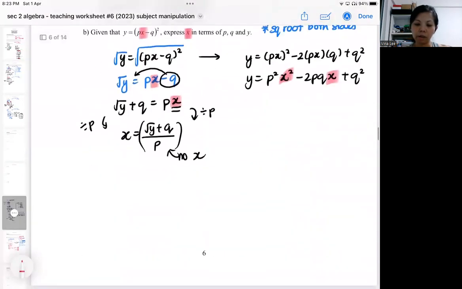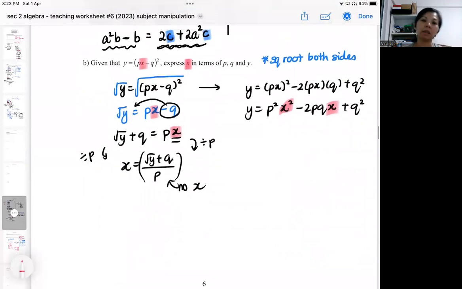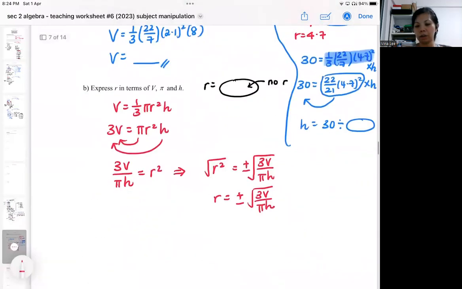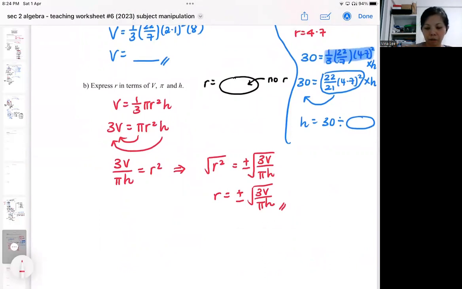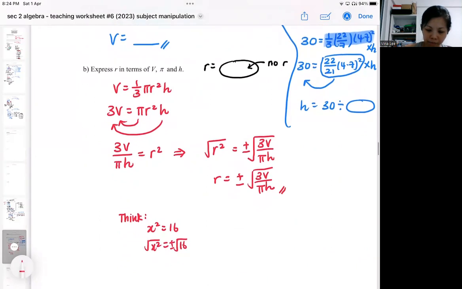In the previous one, by right there's a plus minus, but I didn't want to confuse you first, so I just showed the taking square root idea. In a typical one, there is a plus minus. Why is there a plus minus? Think about something like x squared is equal to 16. When you take square roots on both sides, why will you have two answers?